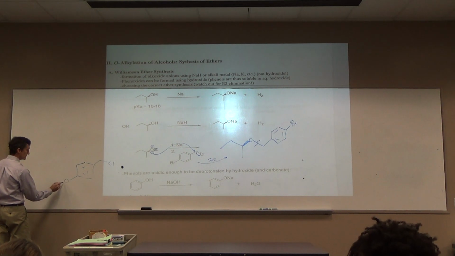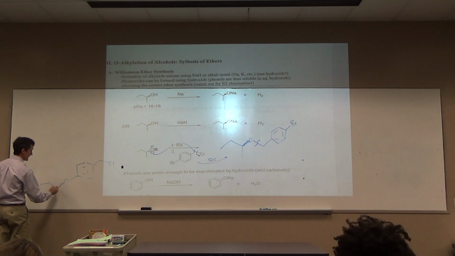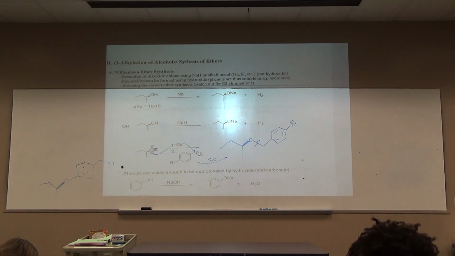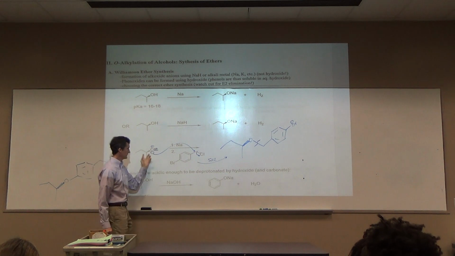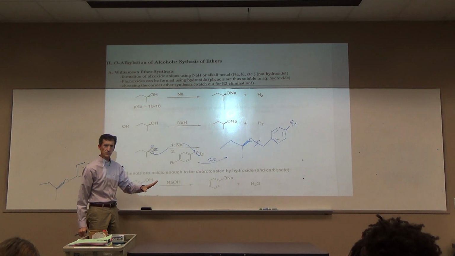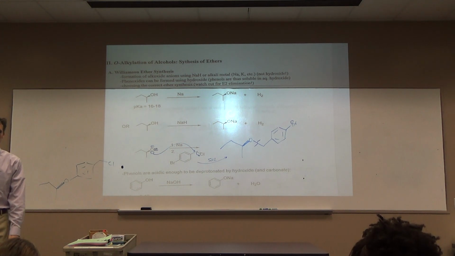Isn't that sp2? Why didn't we make that product? That's sp2. It has to be sp2. Whenever we displace leaving groups, it has to be on a tetrahedral carbon, at least thus far.